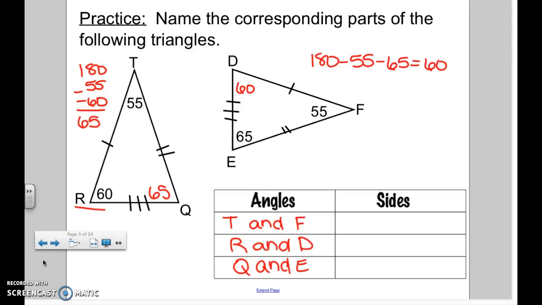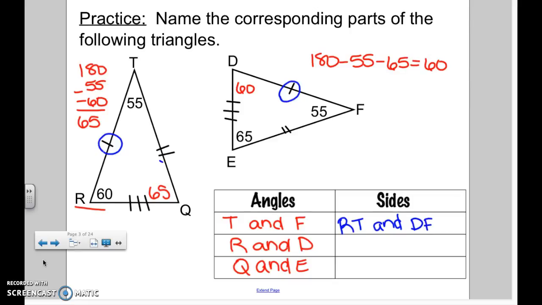Now, if you're looking at the sides, we have to pay attention to all the congruent marks. Every dash means it's a new set of congruent sides. So if you match up the sides marked with one dash, then the sides with two dashes, and then the group of three, you'll have the corresponding sides for this triangle. If I look at the one dash and the one dash, I have RT, which would correspond with DF.